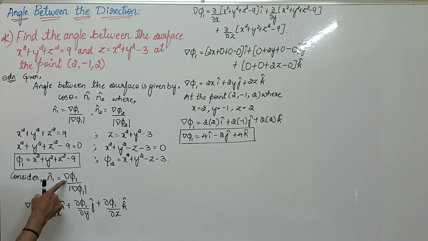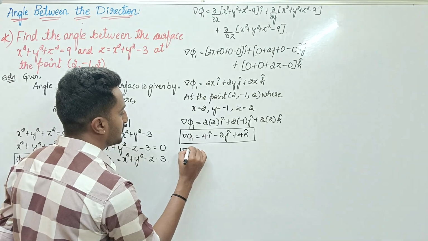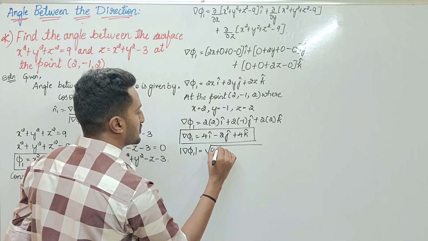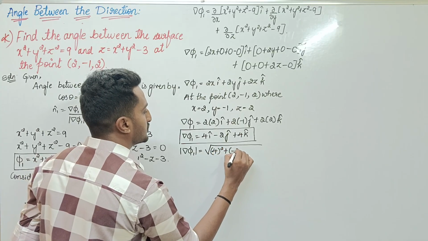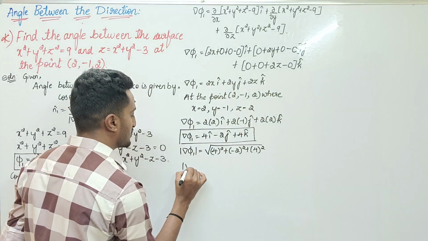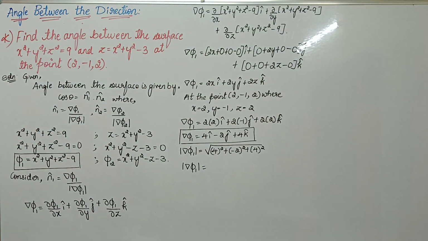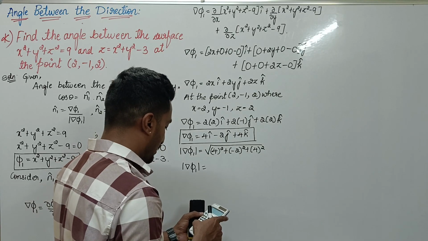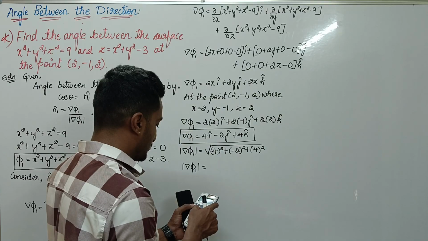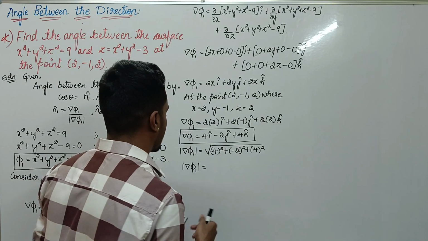We have found gradient phi1. Now let us find the modulus of gradient phi1. It is the square root of 4 square plus minus 2 the whole square plus 4 square. Use the calculator so that you get the solution directly: square root of 4 square plus, using the bracket, minus 2 square plus 4 square, you get 6.